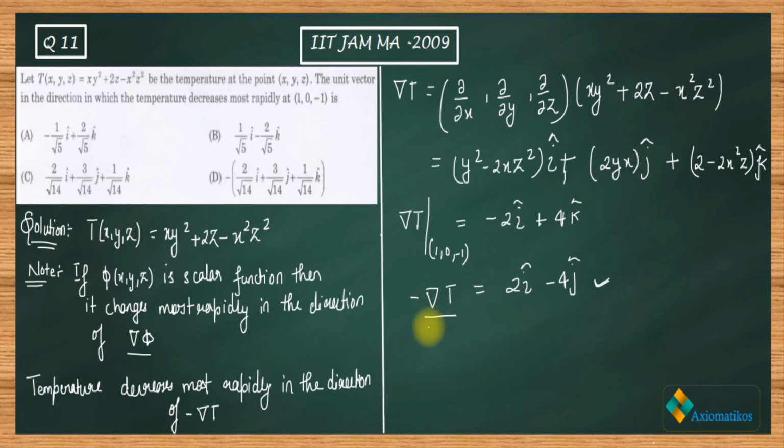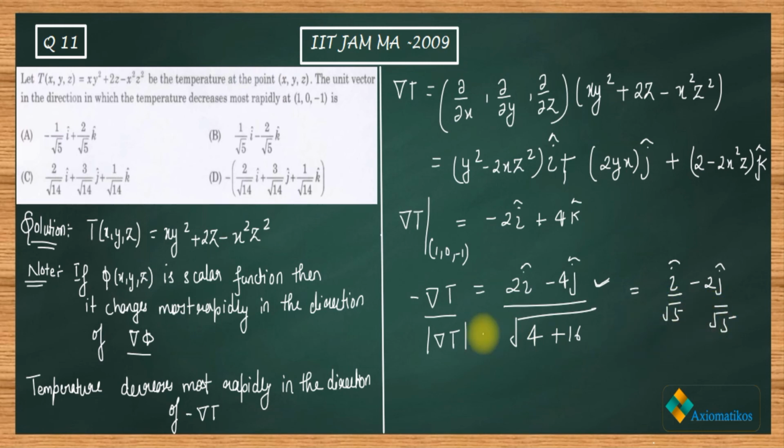So you have to divide it by its magnitude. Dividing by its magnitude, you will get 4 plus 16, that's 20. If you take 4 out as common, you will get (i - 2k) over root 5, and here you will also get root 5.